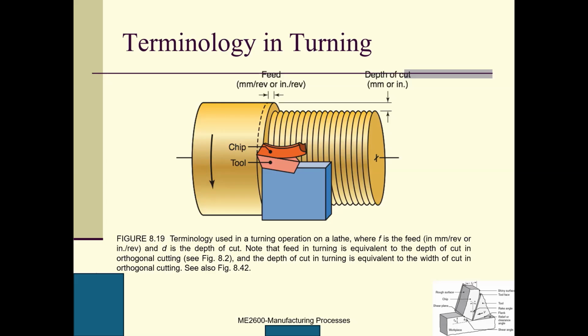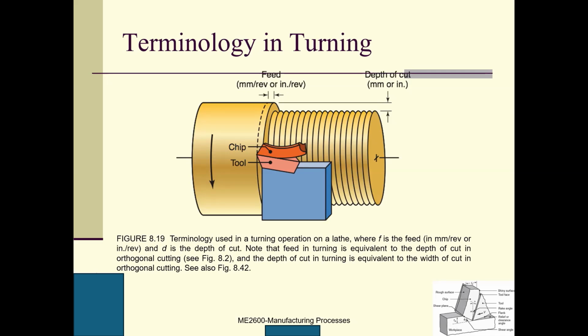This is depth of cut. Depth of cut means how deep your tool engages in the radial direction. Feed rate means how fast your tool is moving longitudinally along the cylindrical raw material.